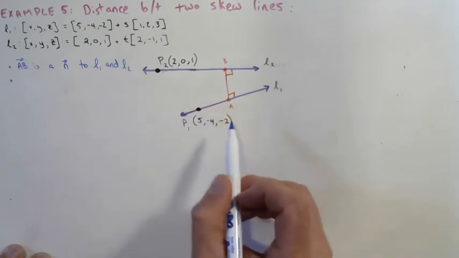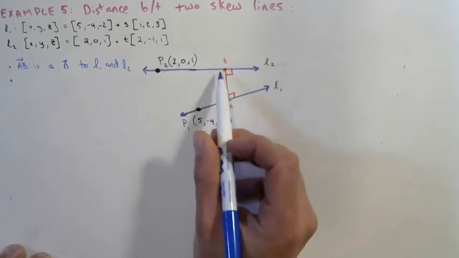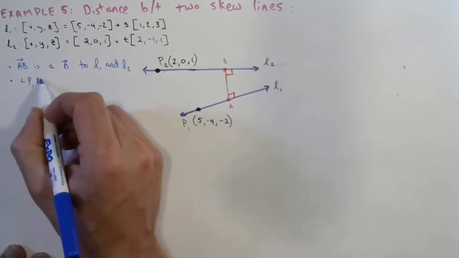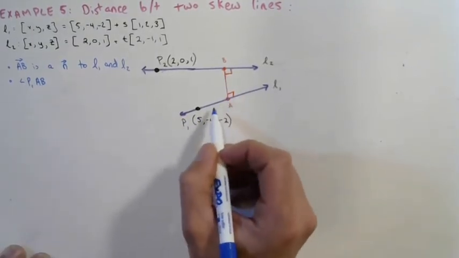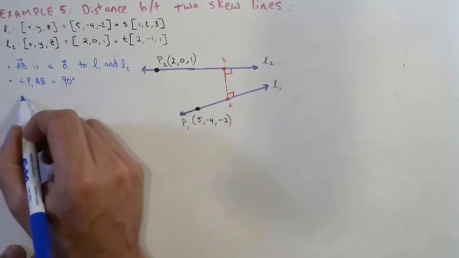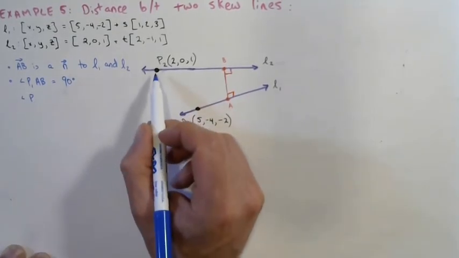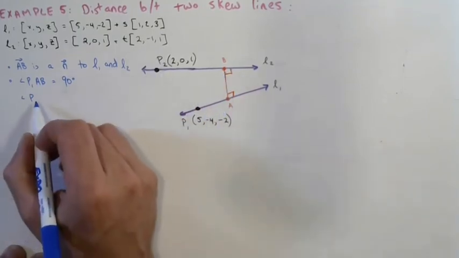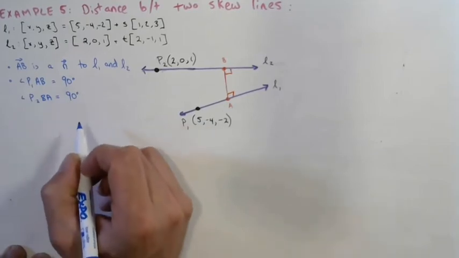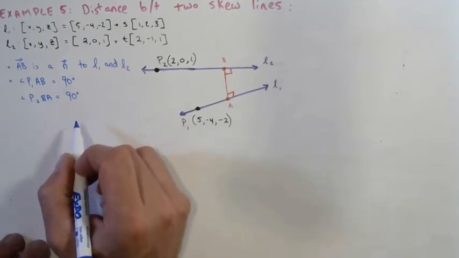We have the angle P1AB, where A is the vertex. That's a 90-degree angle. And by the same logic, angle P2BA also equals 90 degrees.